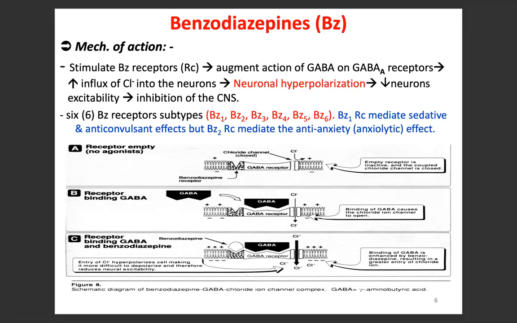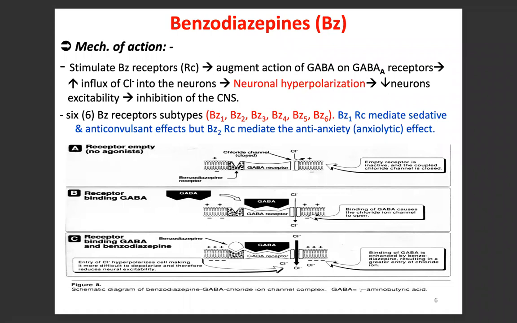If there is an increase in the inflow of chloride ion into the neuron, this chloride ion is responsible for neuronal hyperpolarization.